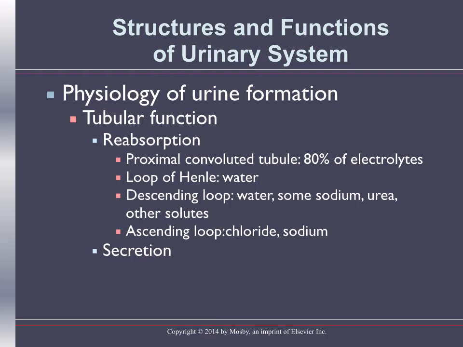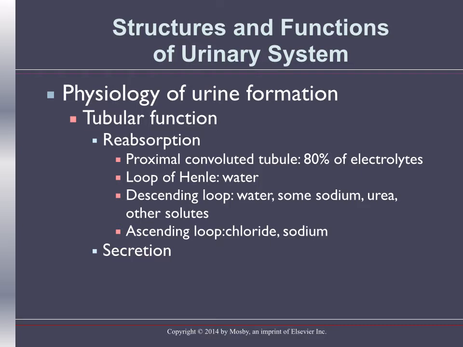Loop of Henle does the reabsorption of sodium and chloride in the ascending limb, and also the reabsorption of water in the descending limb, and it also does the concentration of filtrate. Distal tubule does the secretion of sodium, hydrogen, and ammonia, and it also does reabsorption of water and regulation of some phosphates.